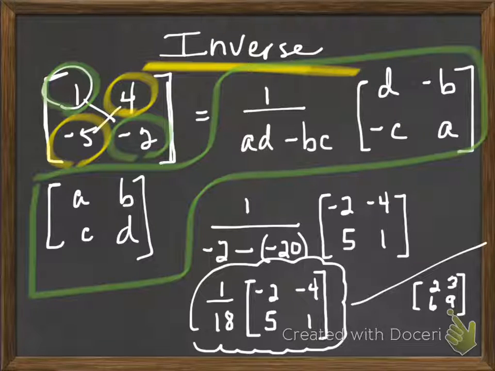And then when you go to find the determinant, you're going to do 1 over A times D, so it'd be 2 times 9, which is 18, minus B times C, which would be 3 times 6, which is 18. And you're going to end up with 18 minus 18, so that's going to give you a 0 in the bottom. And we know we can't divide by 0. So this is an example of a matrix that does not have an inverse.